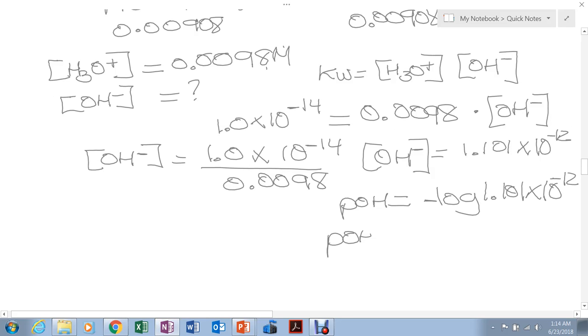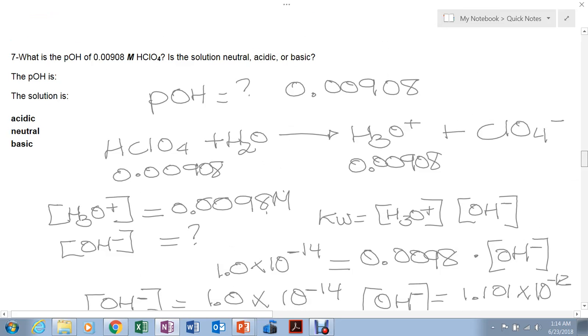pOH equals 11.96. And just remember, if the pOH is high, that means that the pH is lower. So this would be an acidic solution. Okay? And HClO4 is an acid.